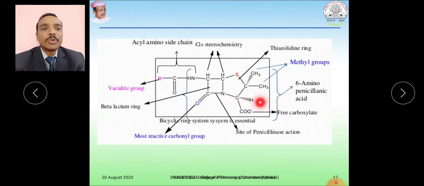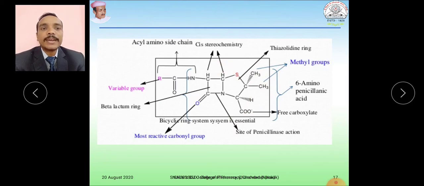Next, this carboxylate is very important for the activity. We can convert this into the ester that makes a prodrug. This COOH is important for the binding with the target. This dimethyl group here is essential. This carbon 5 should be unsubstituted.